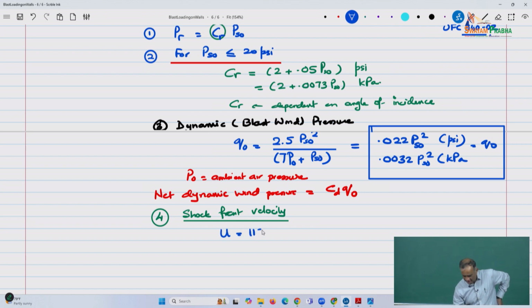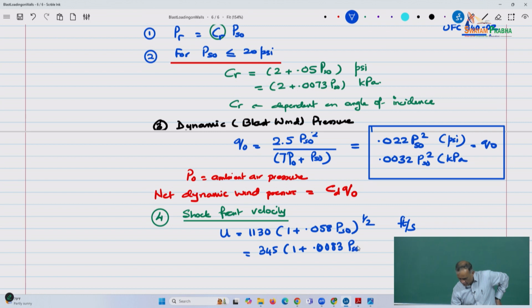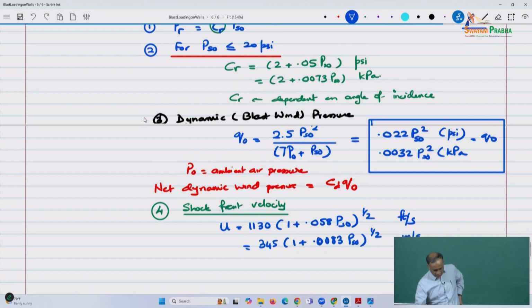So U is 1130 multiplied by 1 plus 0.058 PSO, all to the power half, giving feet per second, or 345 times 1 plus 0.0083 PSO to the power half in meters per second. Here we assume that the pressure wave travels at the same speed as the shock wave.